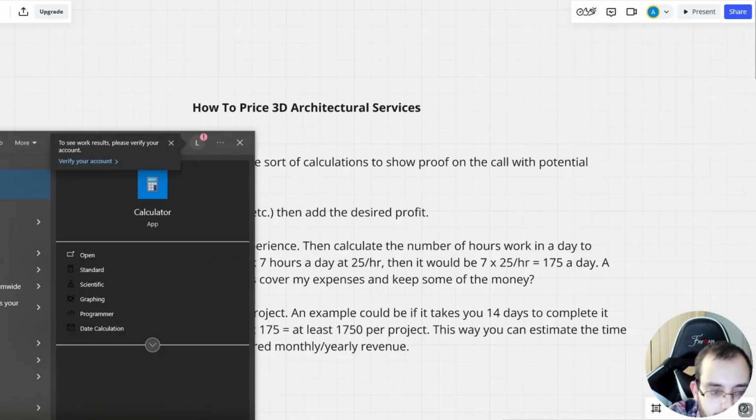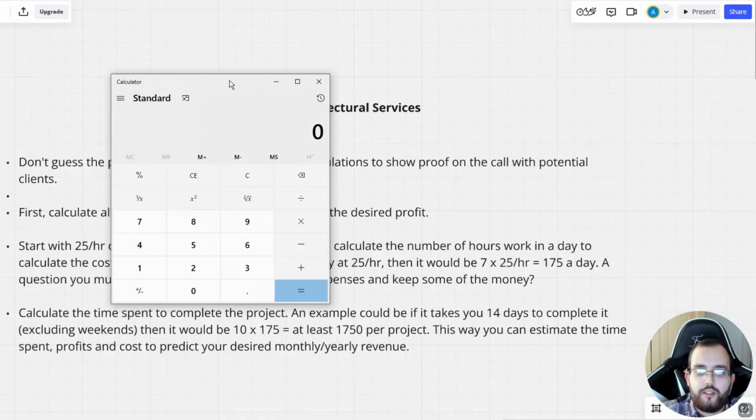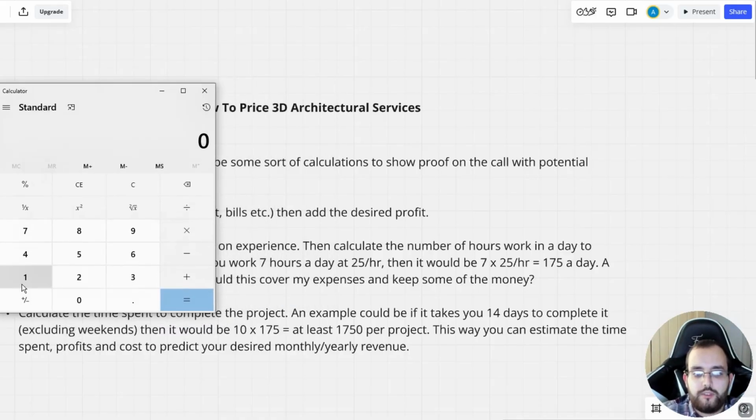Okay, so let's say I have 10 times by 175 equals 1,750 for 2 weeks. Let's say I have another project, so that takes another 2 weeks, times by 2.